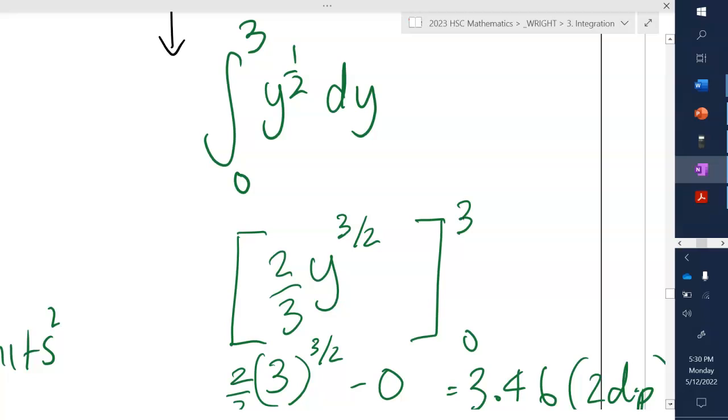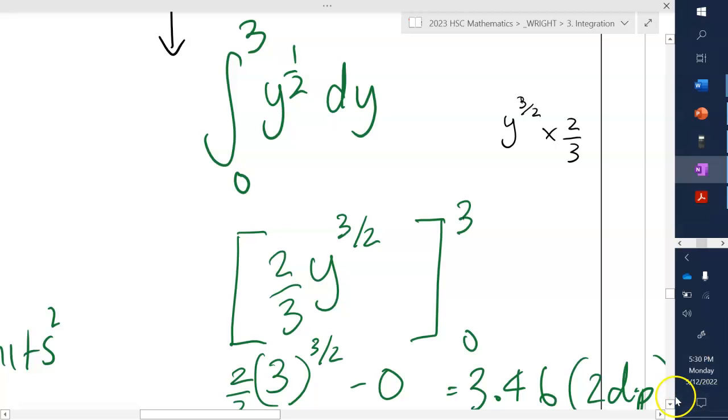Now we divide by 3 over 2. When we divide by a fraction, we multiply by its reciprocal, so we multiply by 2 over 3, which is the reciprocal of 3 over 2. That's where my 2 over 3 comes from.